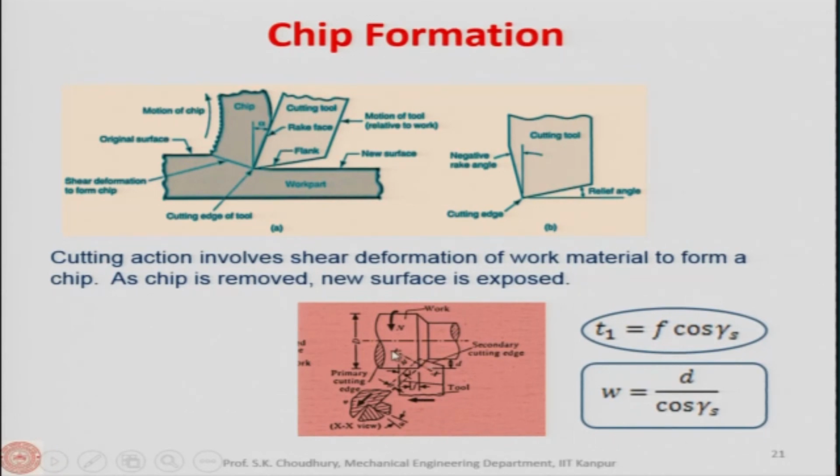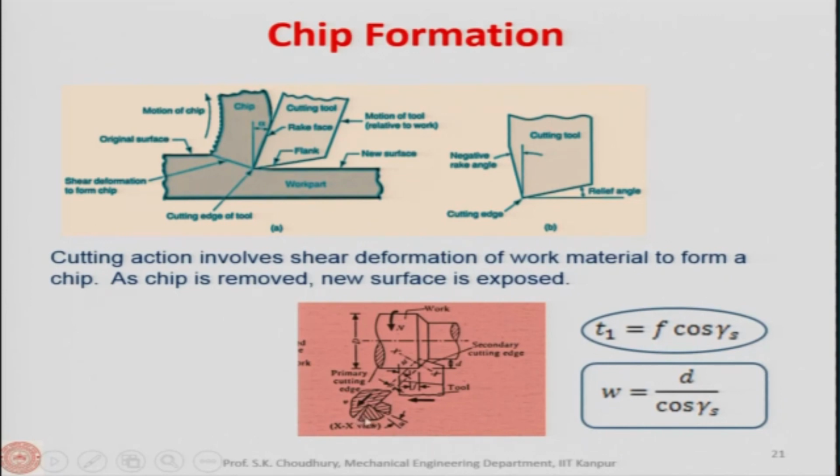Again I am repeating with the XX cross section. So, this is the tool and this is the workpiece. Here this is the rake face of the tool, and the inclination of the rake face with respect to the line perpendicular to the cutting velocity vector, this is the cutting velocity vector, is the rake angle.